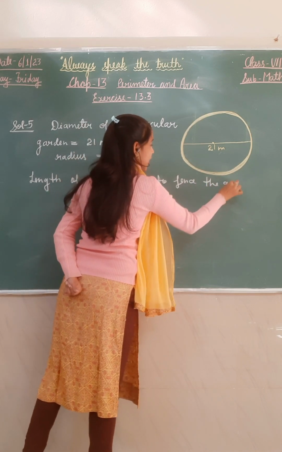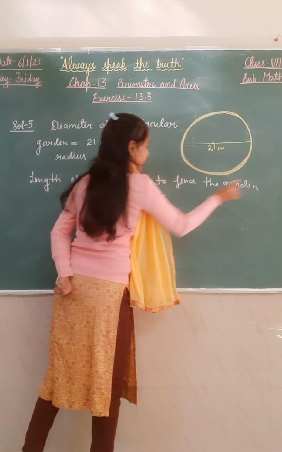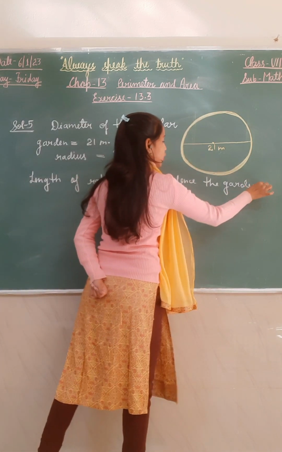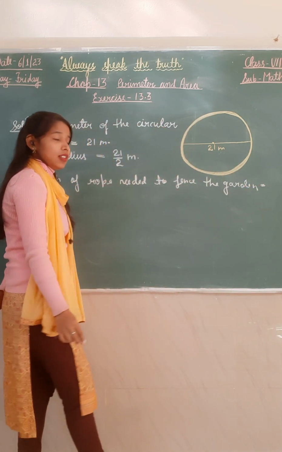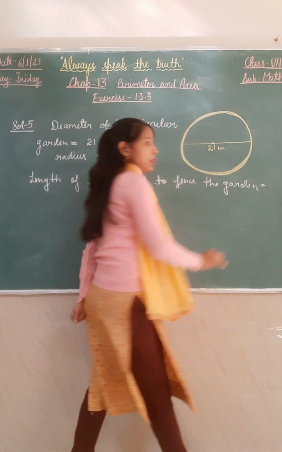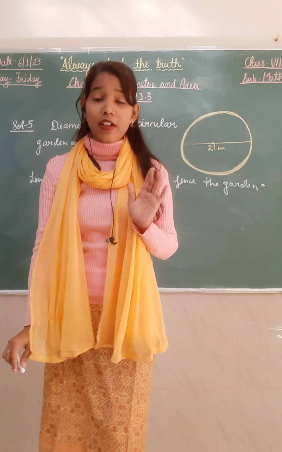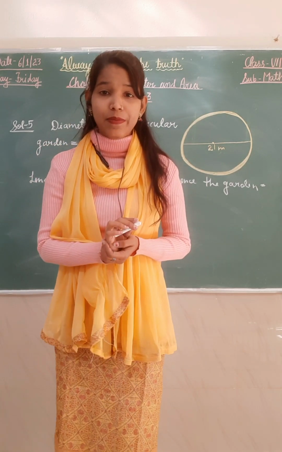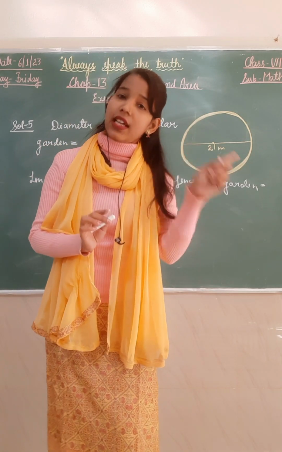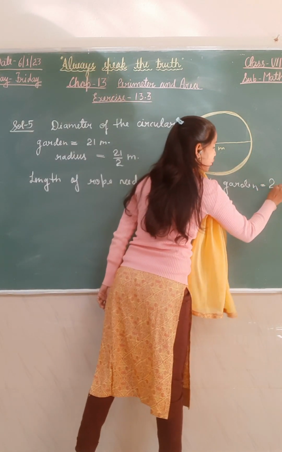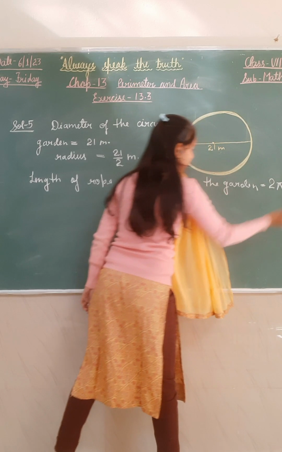Fence is spelled F-E-N-C-E. Length of rope needed to fence the garden is equal to its perimeter, right? So what is the perimeter of a circle? Yesterday I told you, the perimeter of a circle is equal to its circumference, that is 2 pi r.